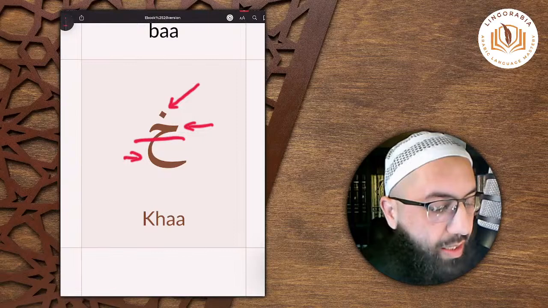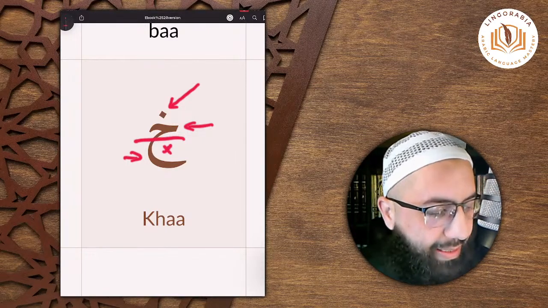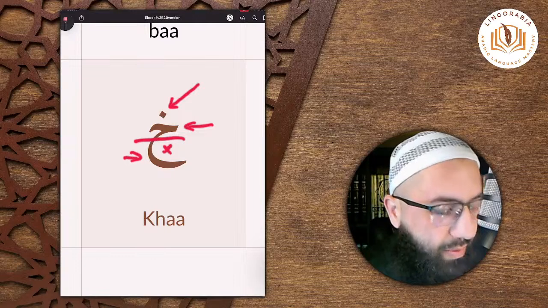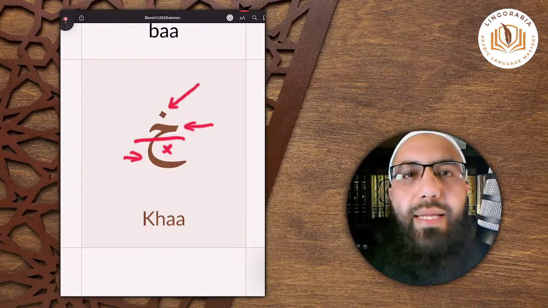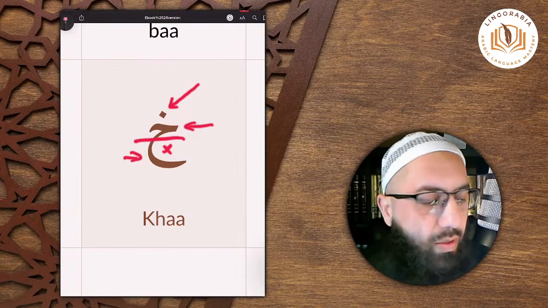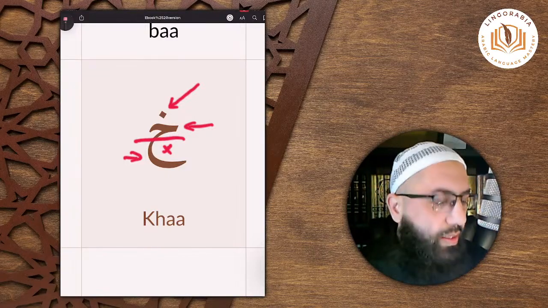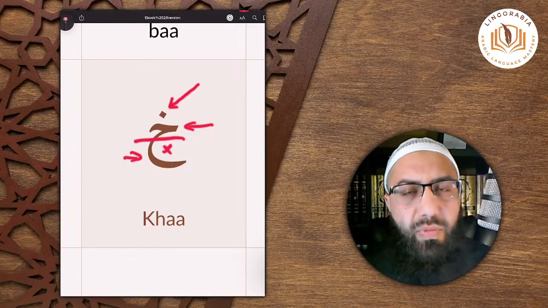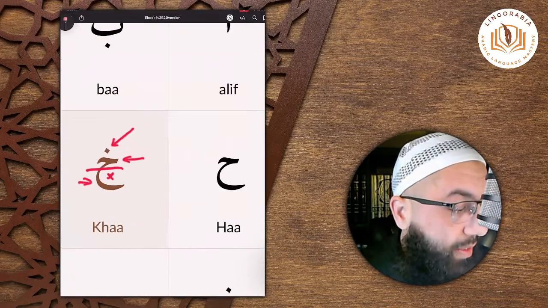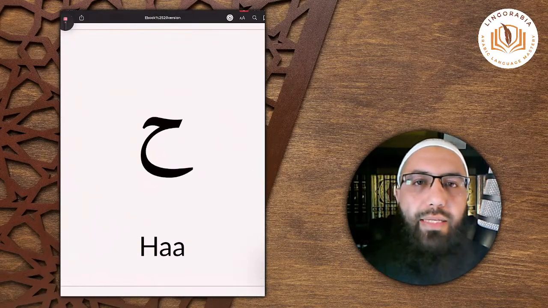But the dot is not here in the middle, it is on the letter. That's how you can recognize the letter kha: it is recognized by the dot on the letter, not in the letter. So if you see this shape with no dot, it is the ha.